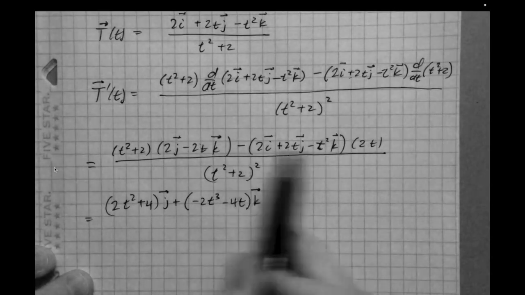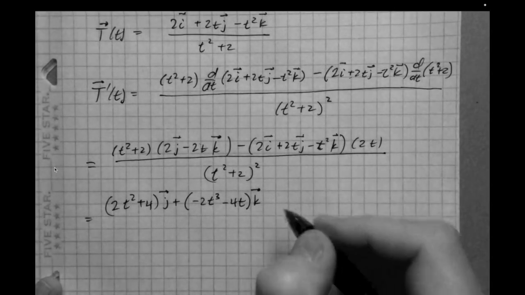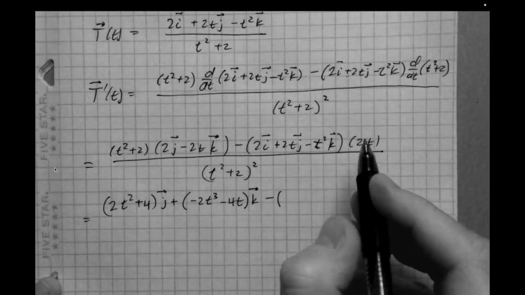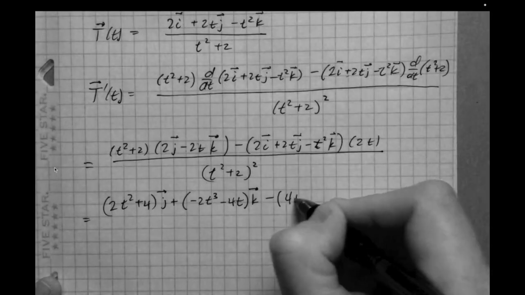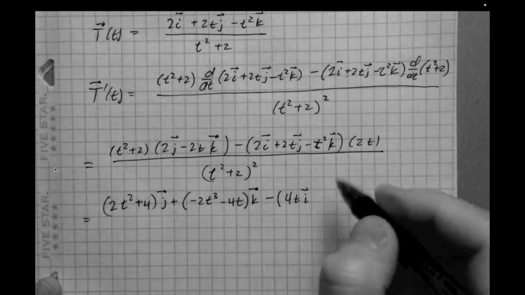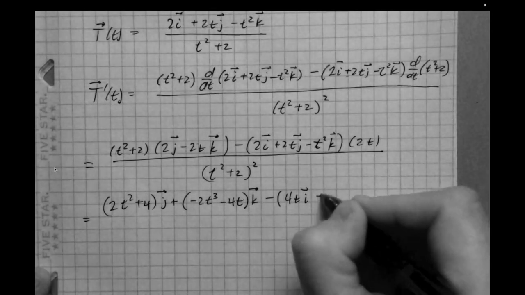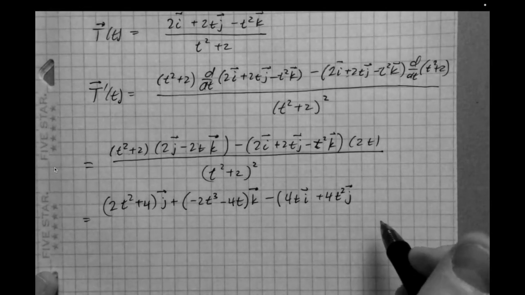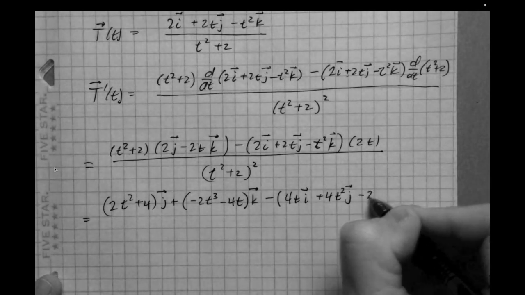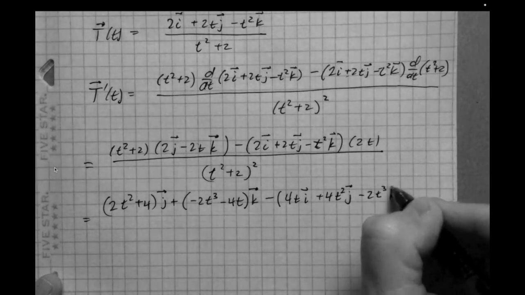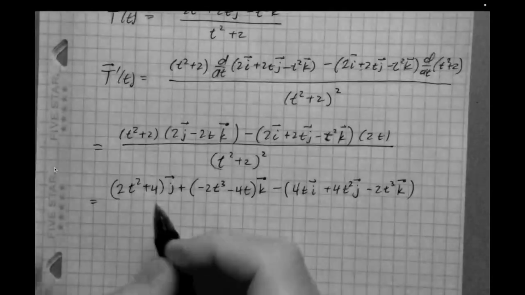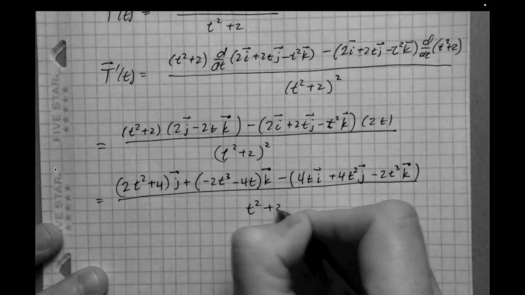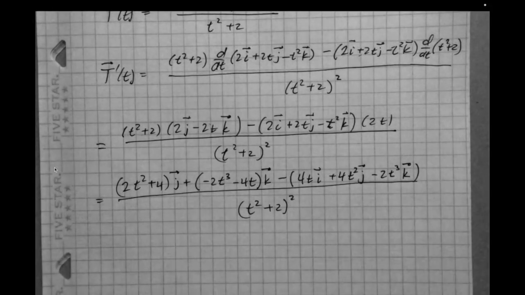Okay, and then moving over to the other piece here, I'm just going to write minus here, and then it'll be 4t i plus 4t squared j, and then minus 2t cubed k. Okay, and then all of that naturally over the t squared plus 2 quantity squared.